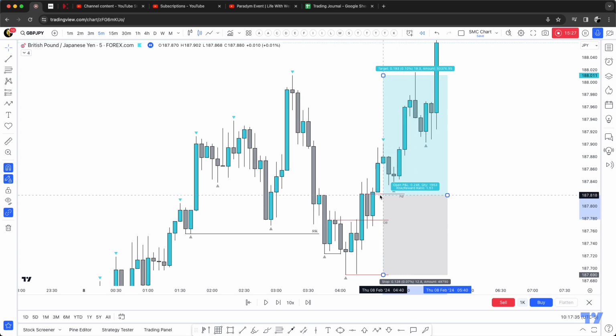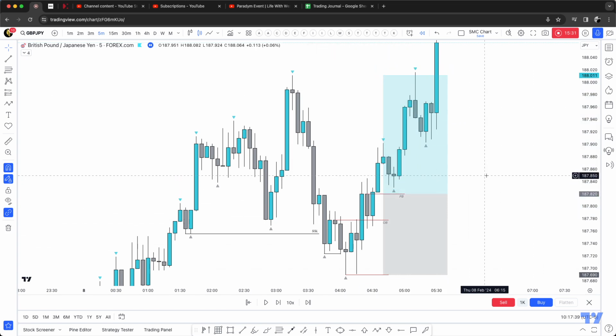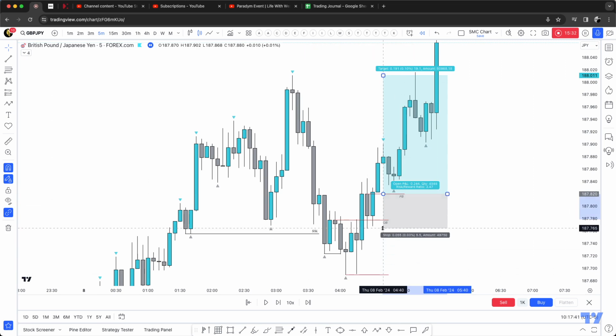Now, in the second order block or in that propulsion block that is being created, if you feel more confident on that one, now that the price actually confirmed, right? It validates the reaction on the first order block, now pushed up, and you have that propulsion block right there. You could be risking maybe 1% or even 2% of your account in that particular trade. Okay, I mean, it's up to you, as I mentioned.